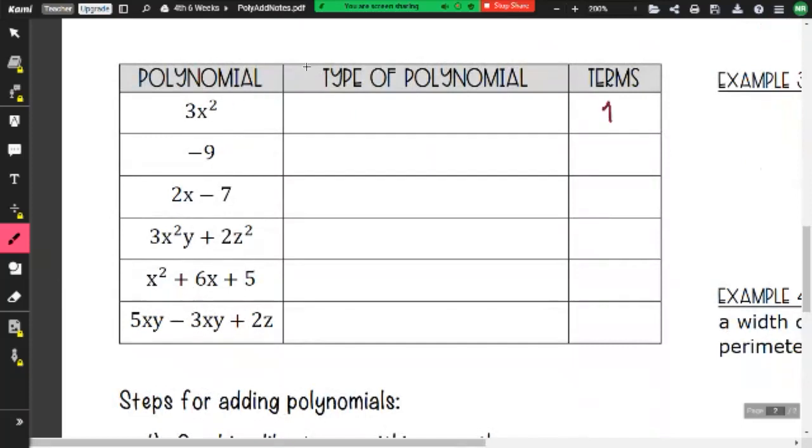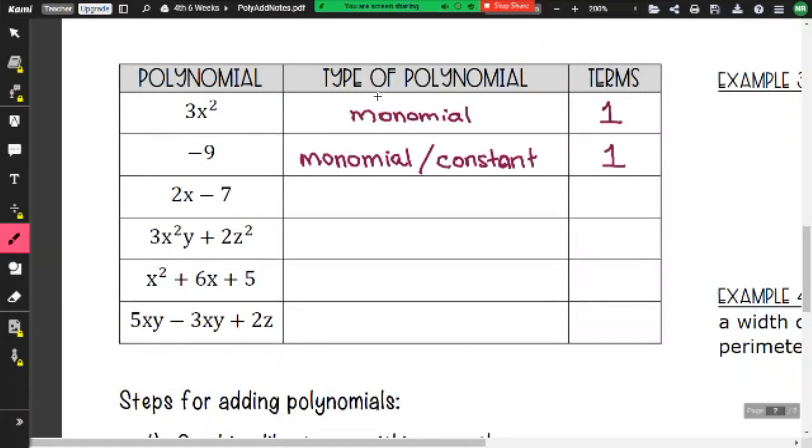So that makes this a monomial. -9, how many terms? 1, but it is a monomial, but it's a very specific type of monomial called a what? Thank you. Monomial, it's called a constant because it is a number without a letter.